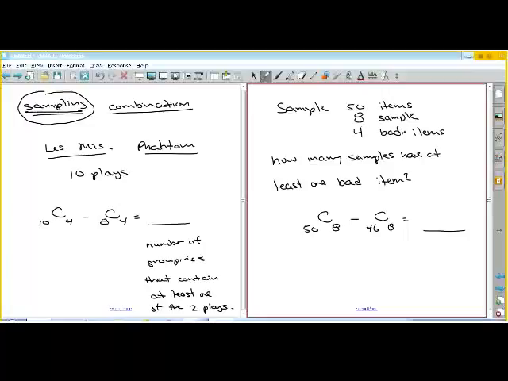Out of the 50 items, 4 of them have bad items in it. So how many samples have at least one bad item? It's the total number of possible combinations, which includes the bad items, minus the number of combinations where you've removed the bad items from the possibilities, still grouping them 8 at a time, and that difference will give you the answer that you're looking for.